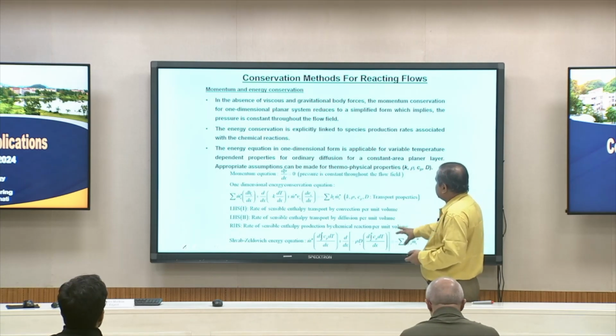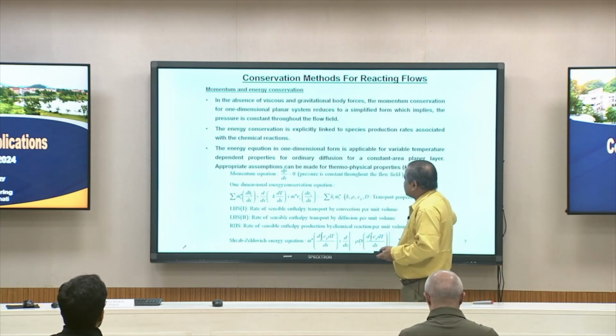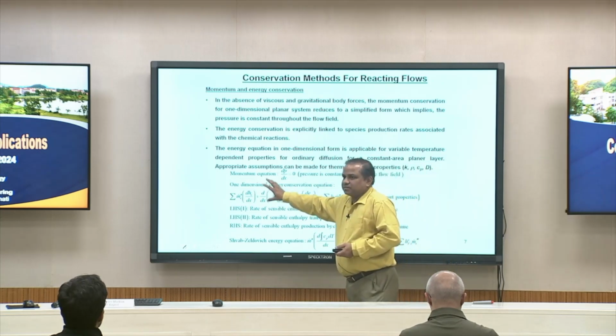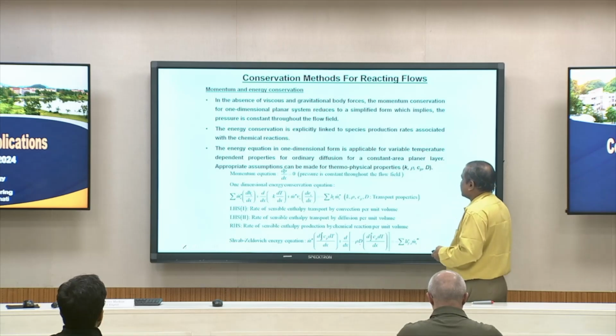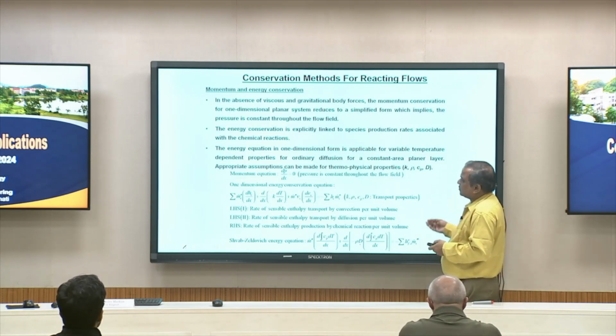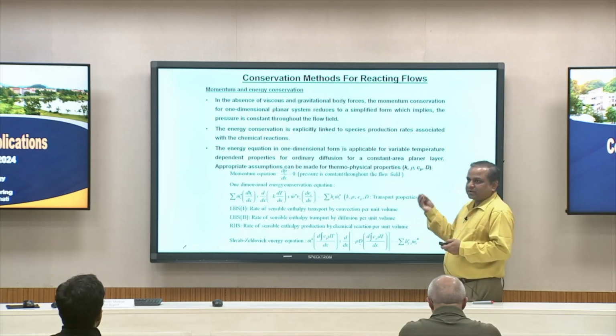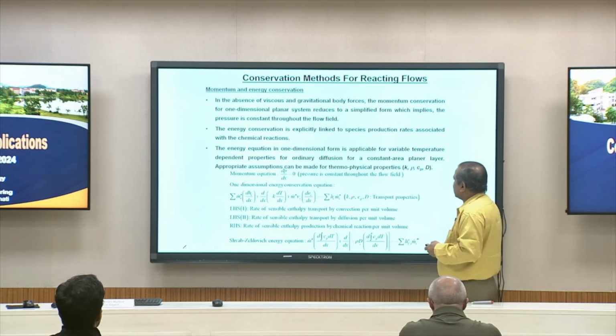So for each species we need to find one term, for each fuel and air mixture, so it is written in summation form. It is a very complicated equation. Typically those equations are addressed for each chemical reaction to frame the complete combustion modeling equation.